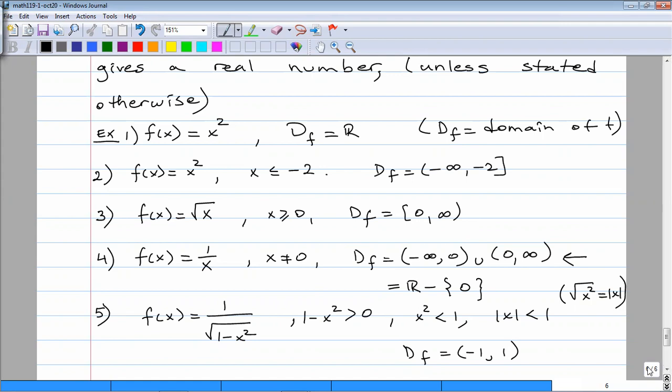All right, any questions about the domain? Interval notation, the first one. If you use this notation, you will never go wrong.